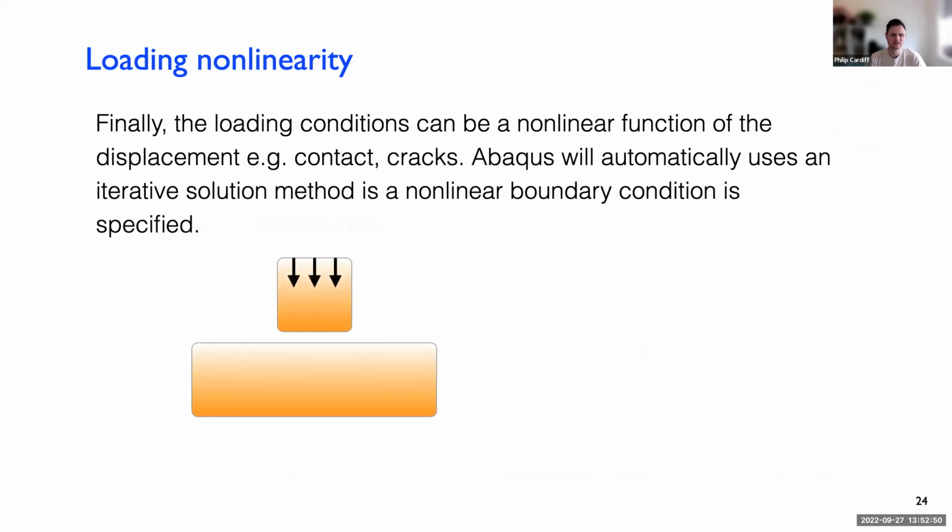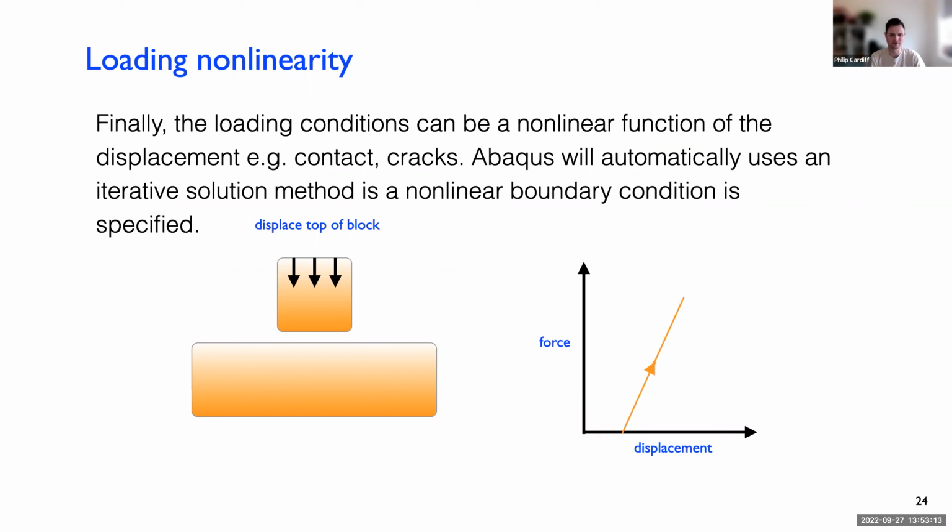And then for loading, imagine you're displacing a block. The force will be 0, 0, 0 until it comes in contact, and then it'll increase. If you take that plot of force, it's 0 and then it changes its slope, that's a nonlinear function of the displacement field, so that introduces nonlinearity. That's contact, but there's also cracks as well.